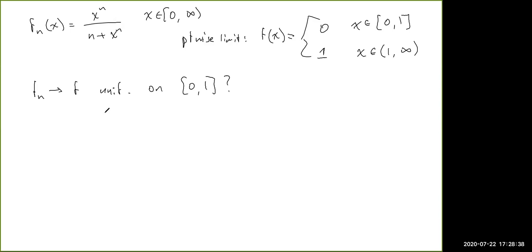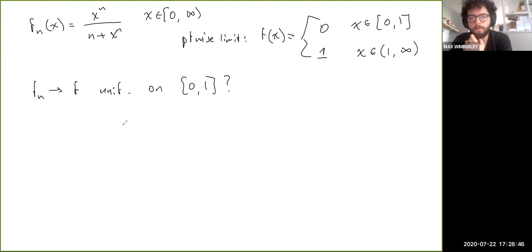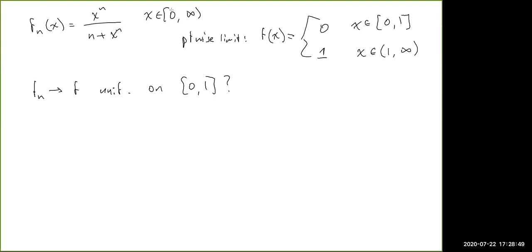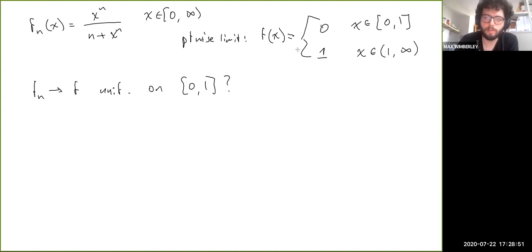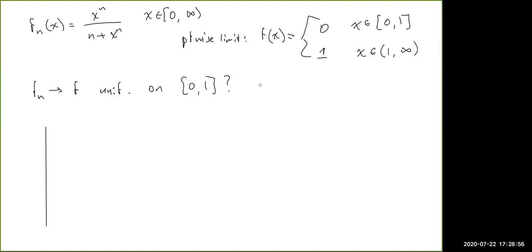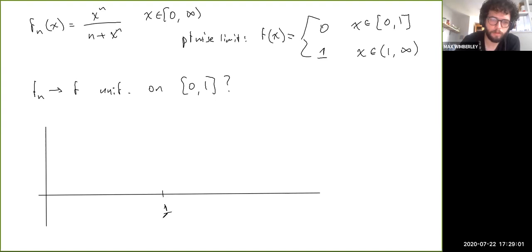For the same reason as the other example, if you draw a graph, there's the point where it jumps up. So let's draw a graph. Let's say this is 1. fn of 1 is 1 over n plus 1, so here's 1 over n plus 1.